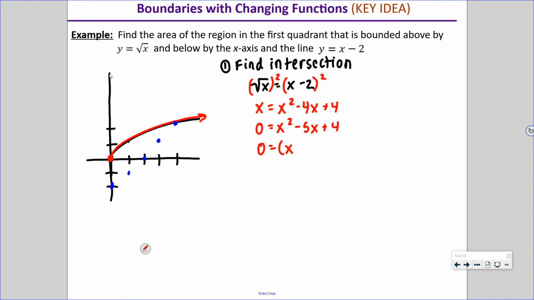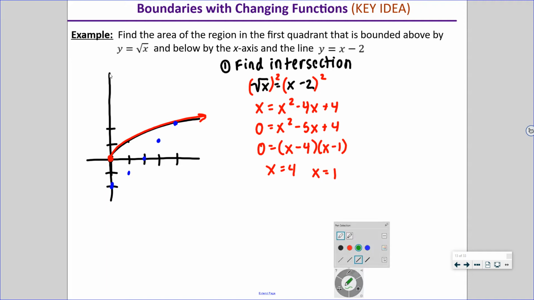So these would intersect at x equals 4 and x equals 1. Now, if you're like, well, what the heck, when x equals 1, these don't intersect. If you remember back in your Algebra 2 days, when you're solving equations with radicals, specifically square roots, sometimes when I square variables, it creates extraneous solutions.